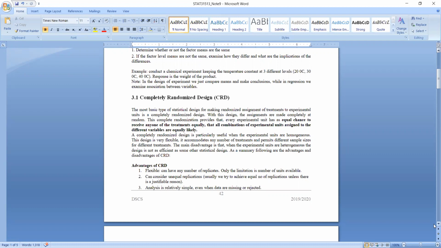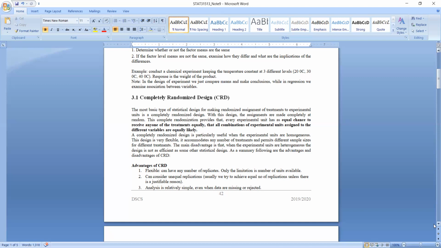In this case, these 10 tomato plants should be homogeneous, because if there are differences between these plants, then when you come up with the conclusions, there is variation between plants, so you cannot compare the effect of these fertilizers.